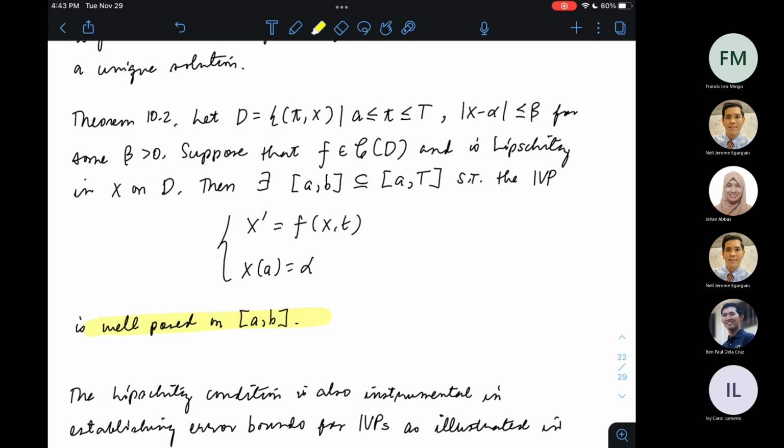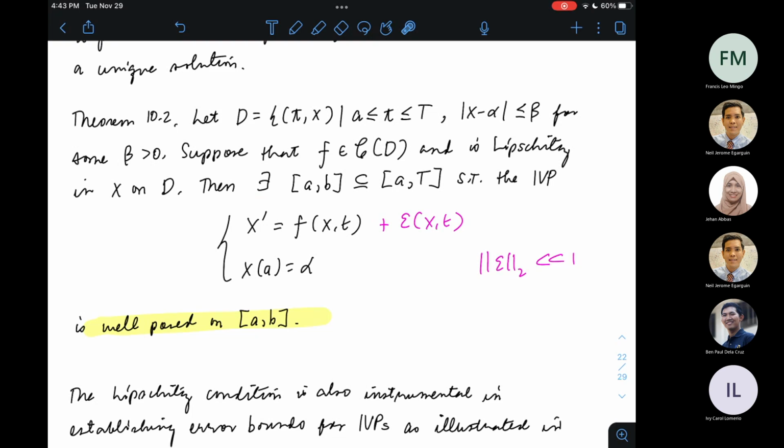Second, para maging well-posed ang isang problem, dapat the solution depends continuously on the data. So if the problem will vary by a little bit, may konting percentage variation in the problem, say instead of x prime equals f, naging x prime equals f of x,t plus some function epsilon of x,t, where the L2 norm of epsilon is very, very small, yung solution from the epsilon problem should be very, very close to the solution of the original problem.